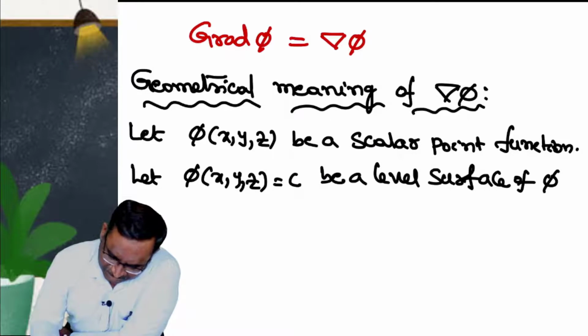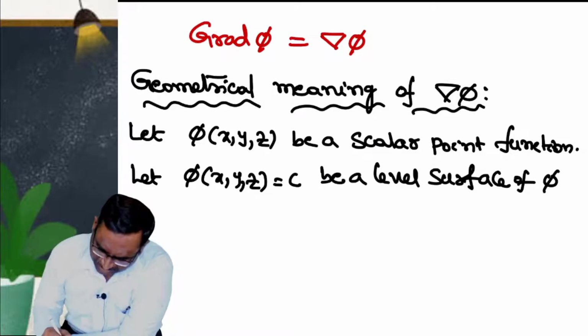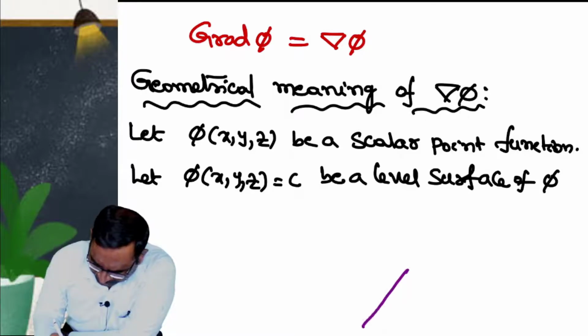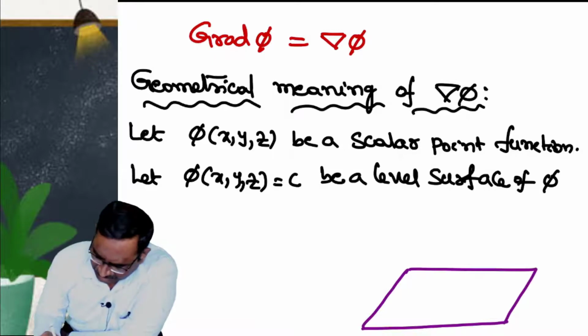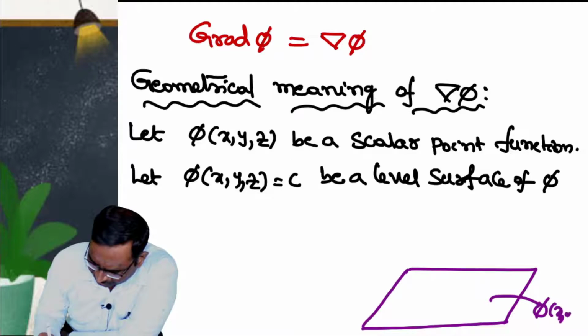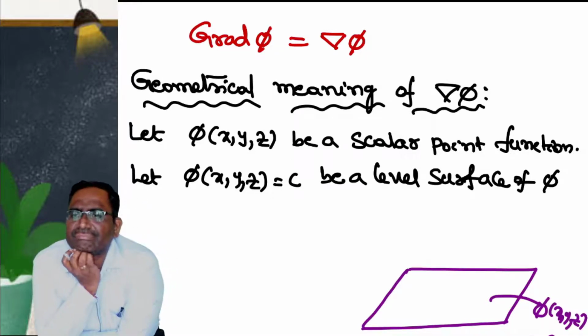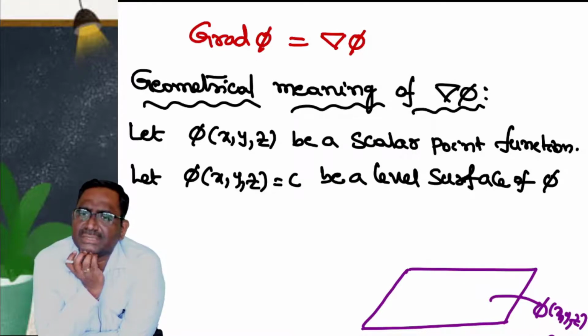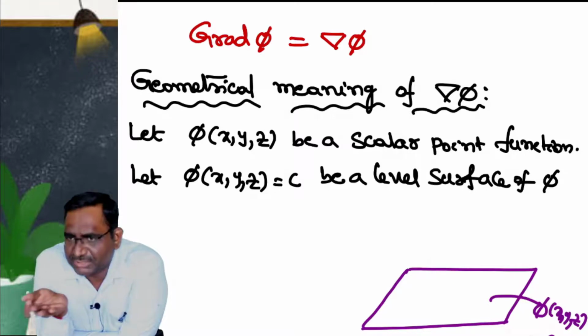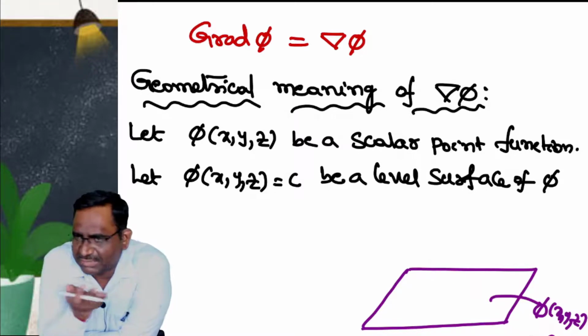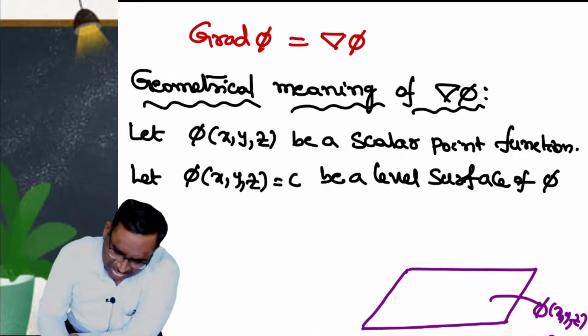Suppose this is my level surface, phi of x, y, z equal to C. It is a level surface, like a classroom where the temperature is constant.